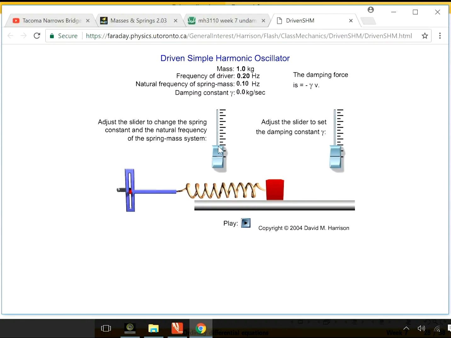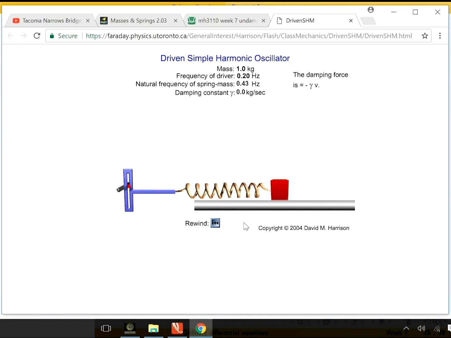So you can try to change it, say, so that the natural frequency of the spring mass system is more. Then it can be seen here that the weight goes left and right faster than this rotating thing.